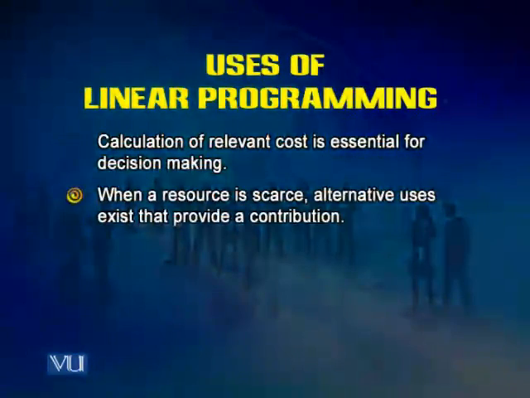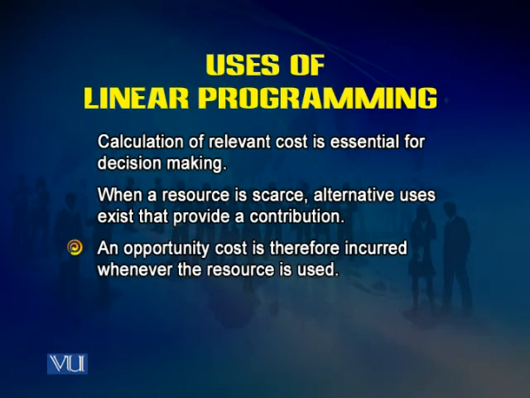Relevant cost decisions have to be based on information. Information has to be relevant. So identifying the relevant cost is essential for decision making. When a resource is scarce, alternative uses exist that provide a contribution. An opportunity cost is therefore incurred whenever the resource is used.